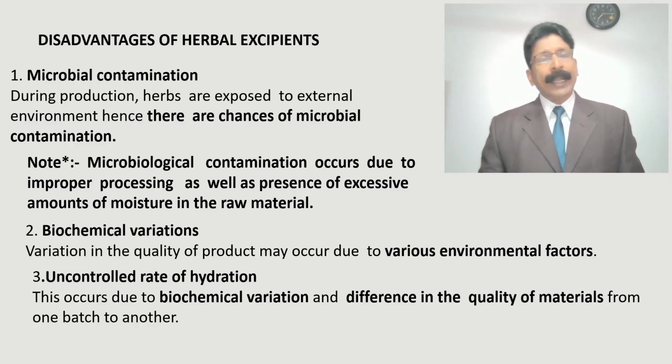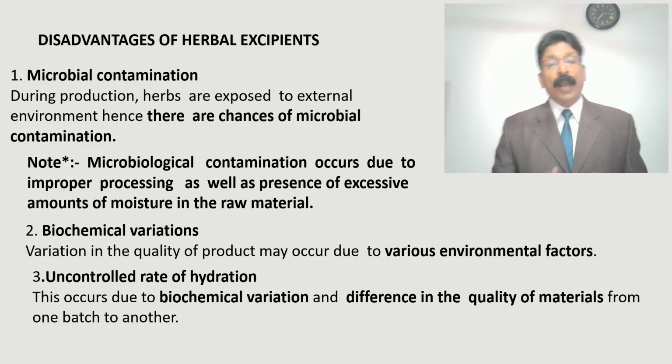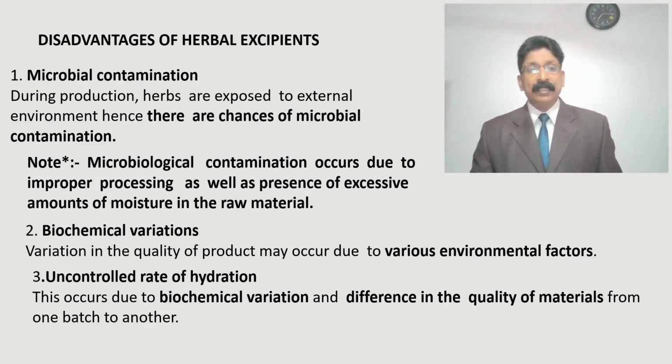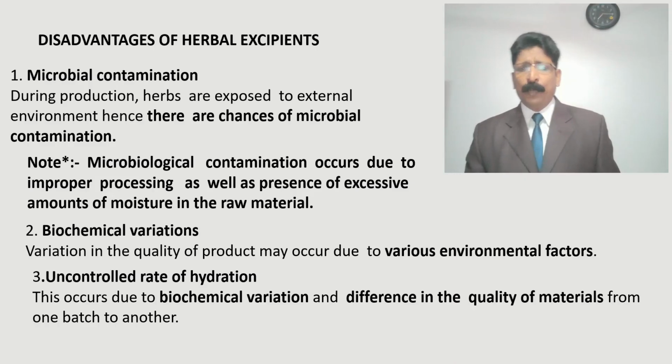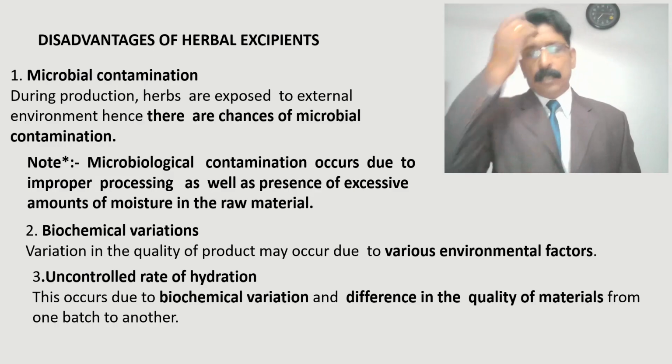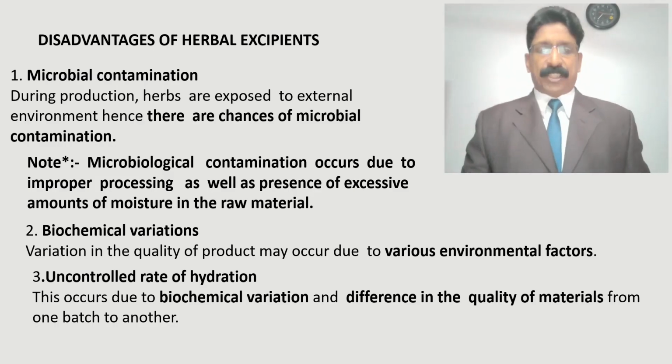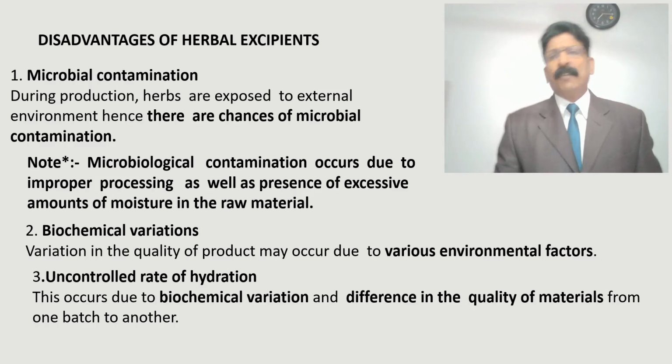Uncontrolled rate of hydration occurs due to biochemical variations. As we have seen in the second point, due to biochemical variations in the environment, there is a difference in the quality of the material from one batch to another batch. So these are some of the disadvantages.